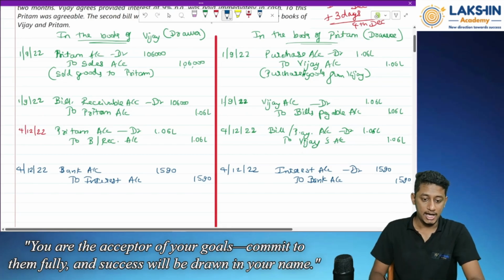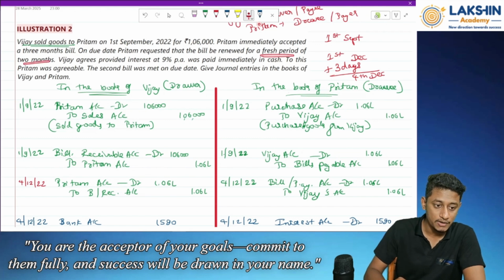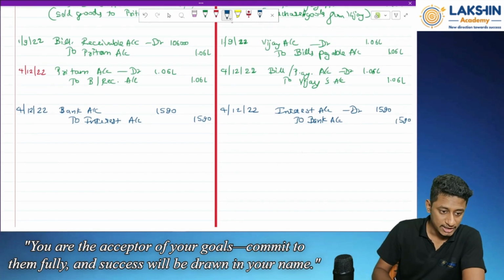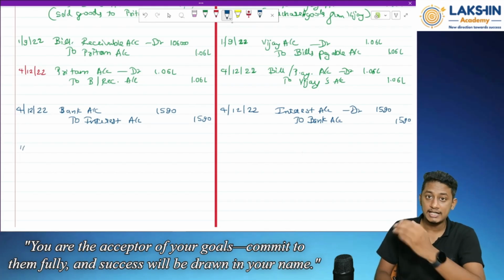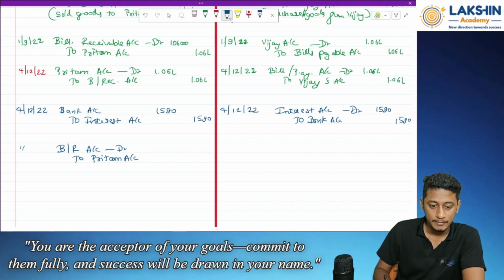Then after this, what has happened? The bill is renewed for a fresh period of 2 months. So now, on the same date, create a new bill. How to create a new bill? Again, same entry. Bills receivable account debited, to Preetham's account, 1.06 lakhs. Again, for the same amount, the bill is created as per the question.